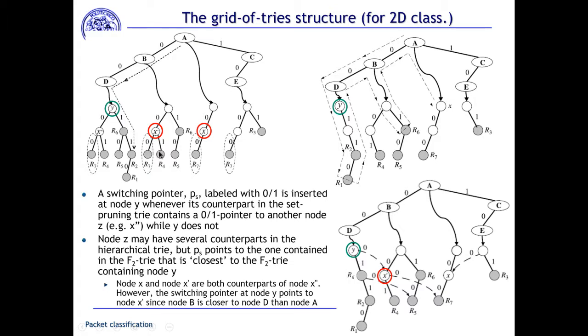In reality, you also have, in theory, the possibility of moving to this node x instead of x prime prime, because this branch that you find in the set pruning tree was copied from this tree, but it was originally copied from this other tree.